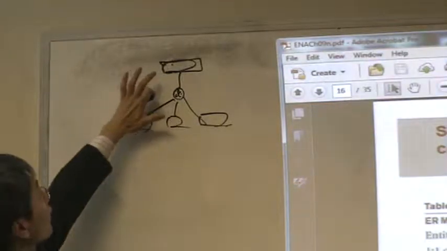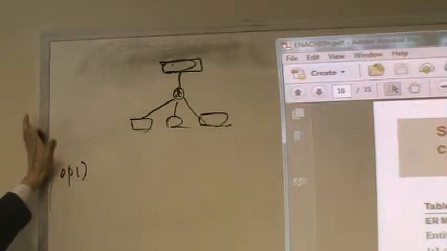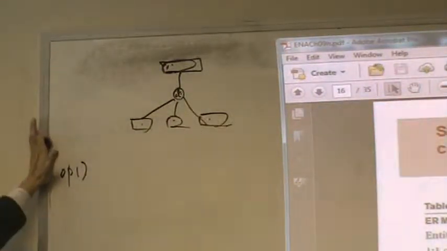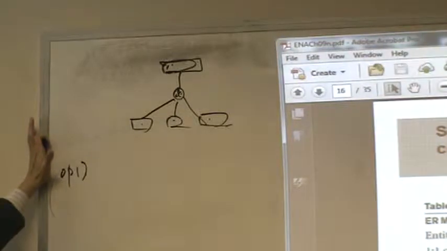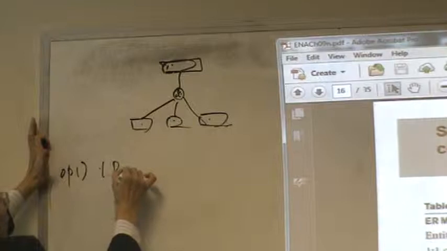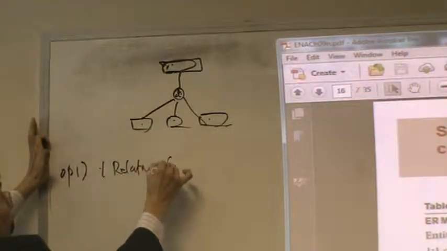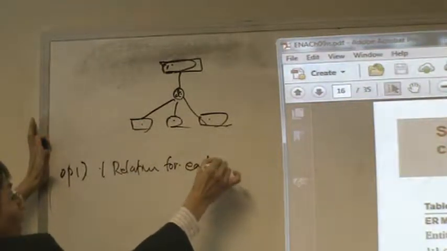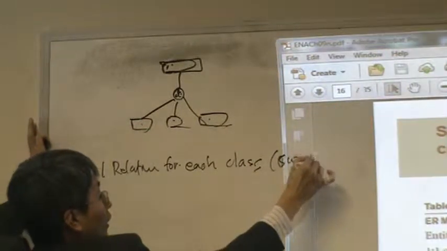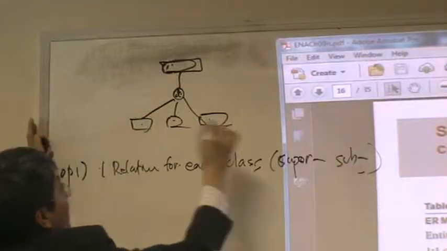So the first option is we will consider each class, superclass and subclass, as a relation table, including super and subclasses.